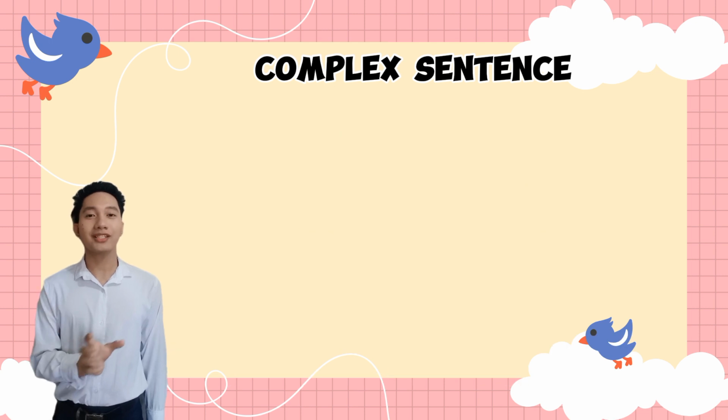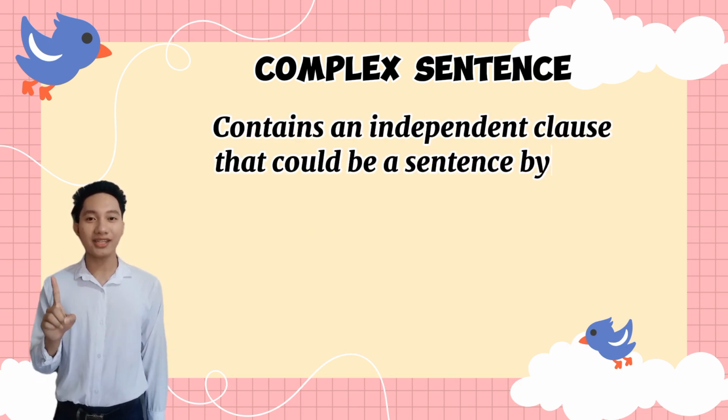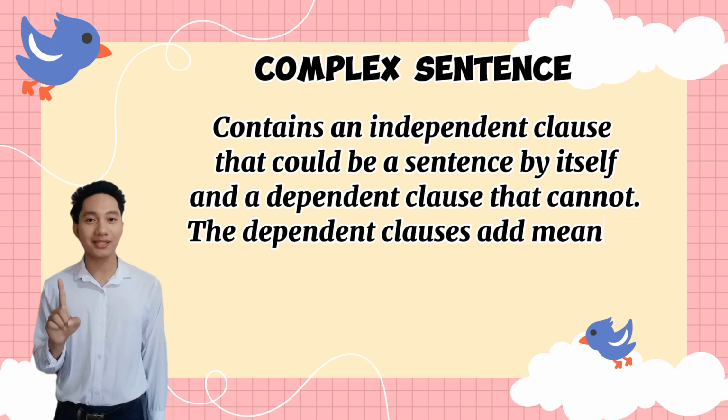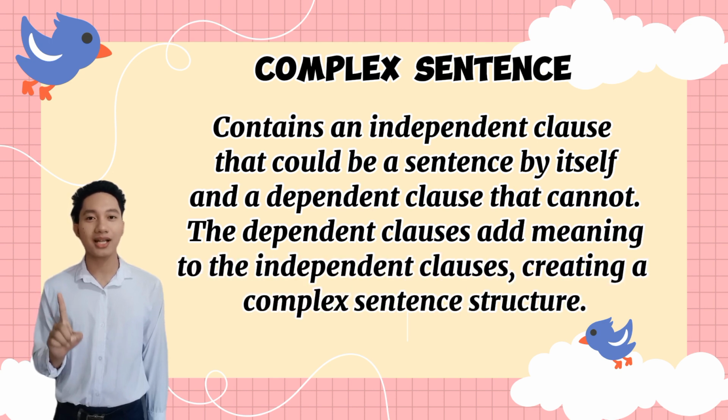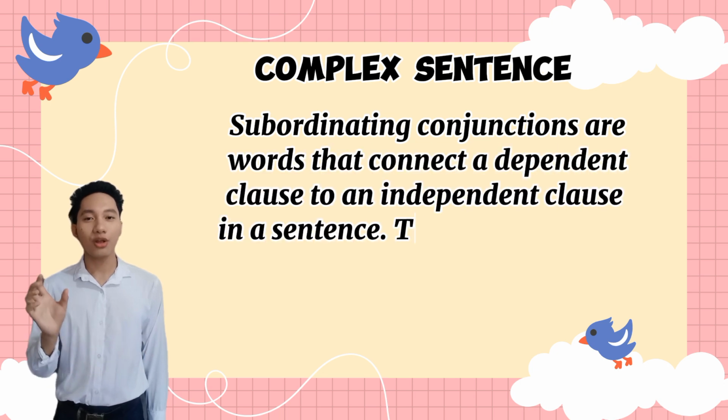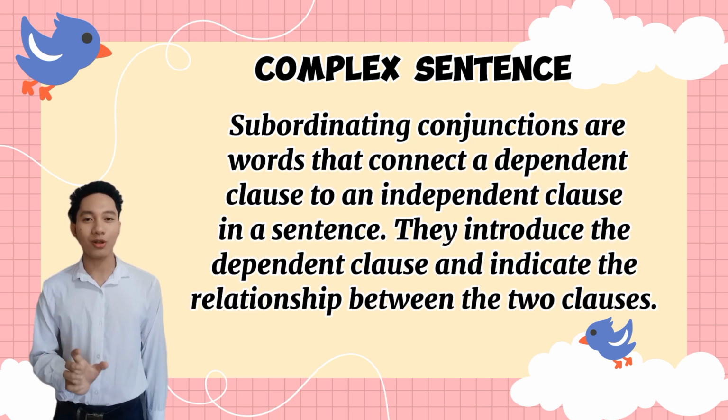Okay, so each of my examples contains an independent clause that can stand alone by itself, and a dependent clause that cannot. The dependent clauses here add meaning to the independent clauses, creating a complex sentence structure. And subordinating conjunctions here are words that connect a dependent clause to an independent clause in a sentence.